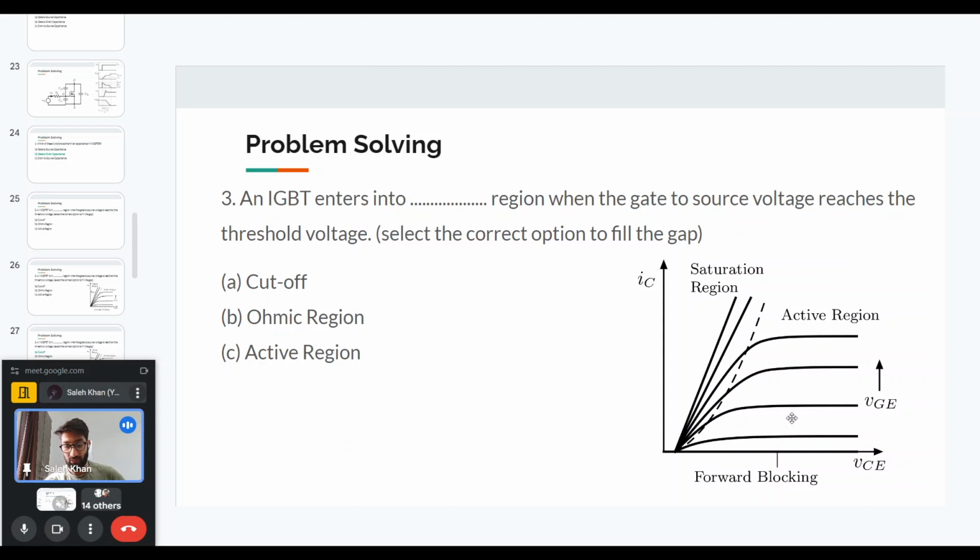But the answer is the active region, because once we reach the threshold voltage, we come to the active region. Then for very high voltages, we will go to the saturation region. If we just cross or just reach the threshold voltage, the IGBT will start to conduct, but it will be in the active region. So the answer to this one is C, the active region.